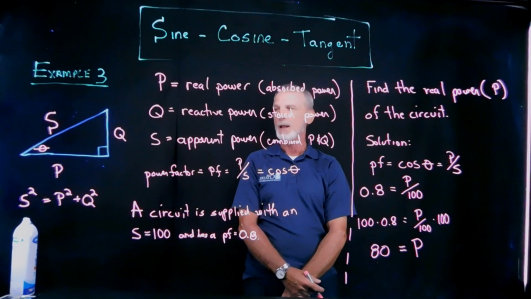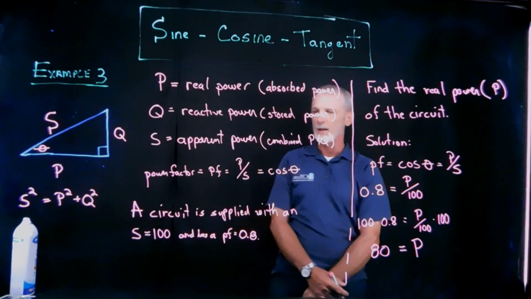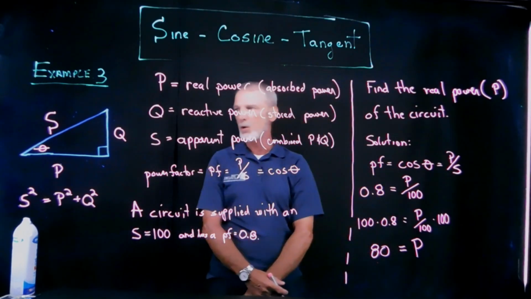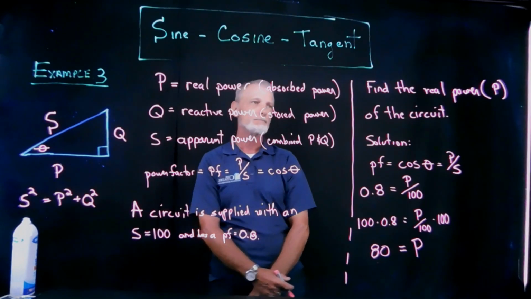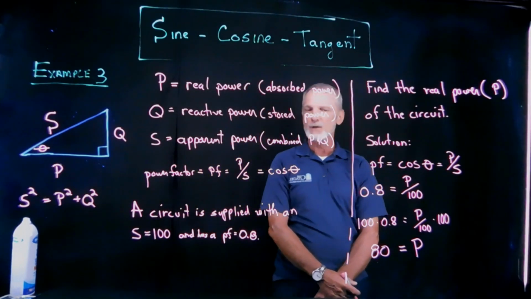So how do we go about doing that? Well, we know 2 things, right? We know the cosine of the angle theta, and we know the length of the hypotenuse, and what we want to find is the adjacent side. So again, we can use the cosine to do that.